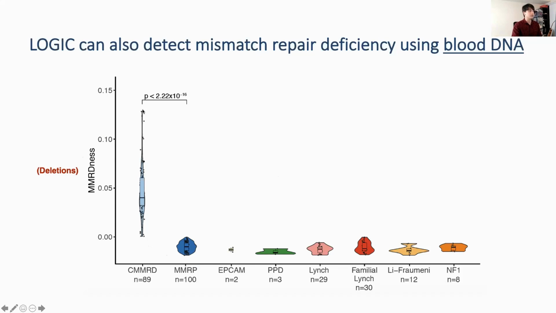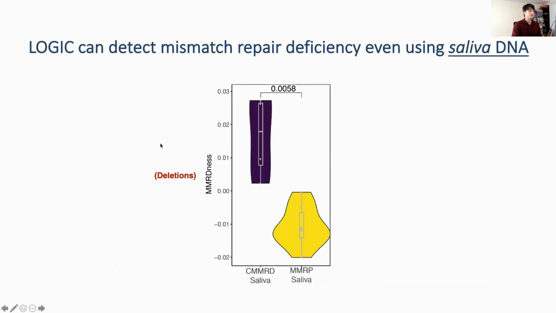One thing I would like to allude to is the big range of the CMMRD MMRD scores, which we think could actually predict progression of the tumor, which I'll get to in a few slides. But to increase the feasibility of this tool even more, to make it even more non-invasive, we tested saliva DNA from cases from all over the world.